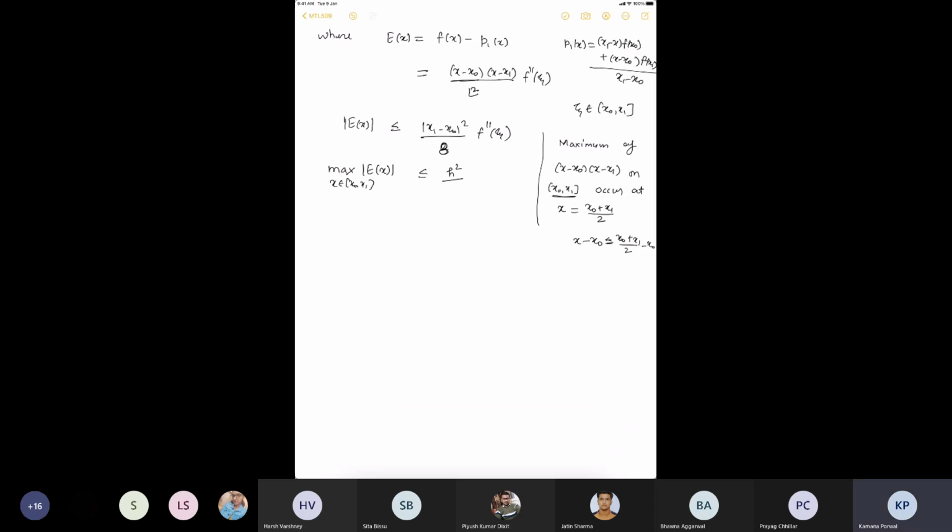So this is h squared by 8 times the maximum of f double prime of x over the interval x naught, x1. Or you can use different parameters.